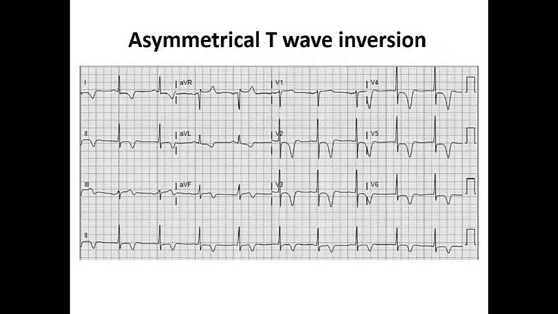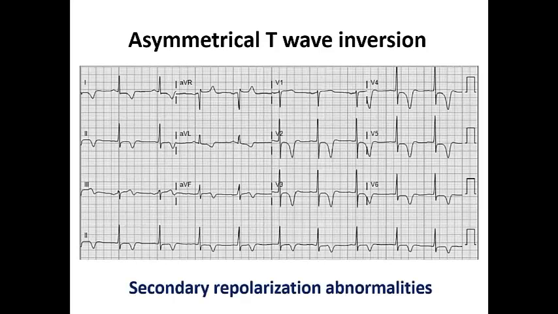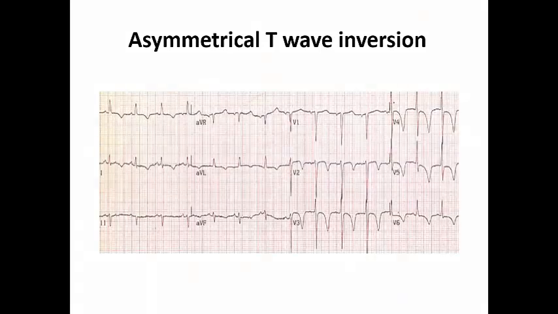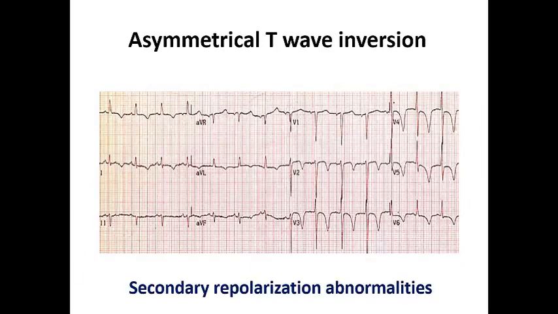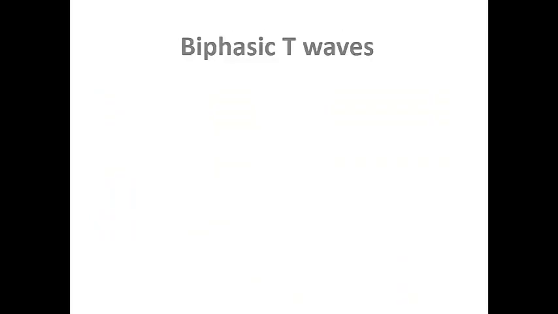While here we can see asymmetrical T wave inversion from V2 to V6, suggestive of secondary repolarization abnormalities. And here another example in which we can see asymmetrical T wave inversion from V2 to V6, so most probably they are suggestive of secondary repolarization abnormalities rather than myocardial ischemia.